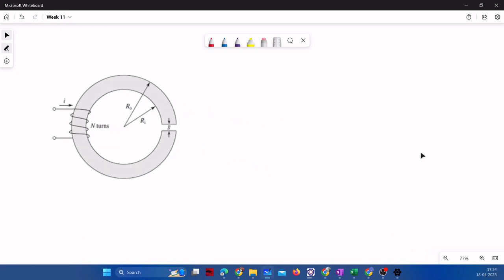In this magnetic circuit, the core is an iron core or any highly permeable core whose permeability is infinite, and its stack length is 2 centimeter. Its inner diameter and outer diameter.